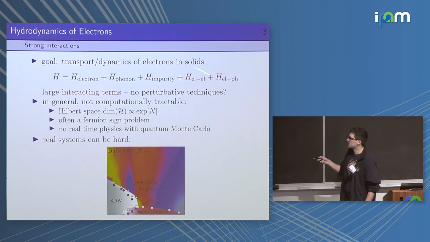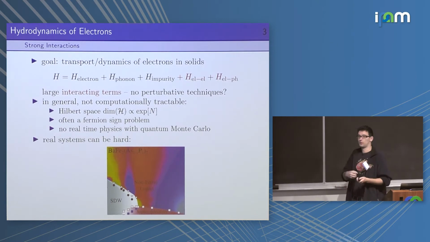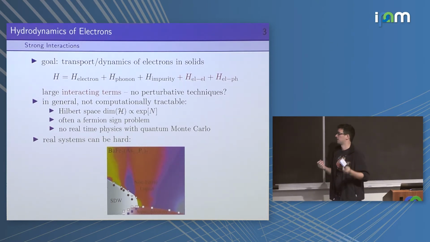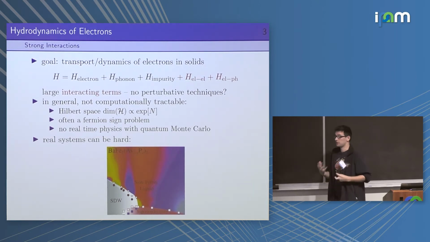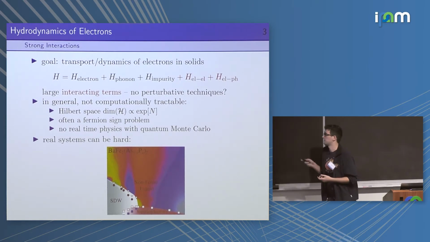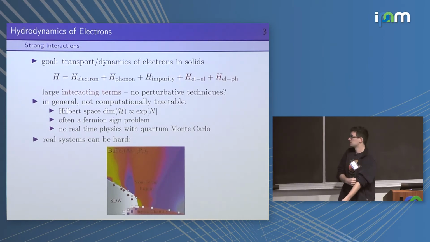So this scenario that I mentioned here, where we have interactions, we have kinetic energy, everything is on an equal footing, this scenario can really arise in an experiment. So this is a more or less random example of a zoo of materials that I've picked from with very complicated phase diagrams. This bright orange fan that you see labeled non-Fermi liquid is going to be a regime where this sort of problem arises.